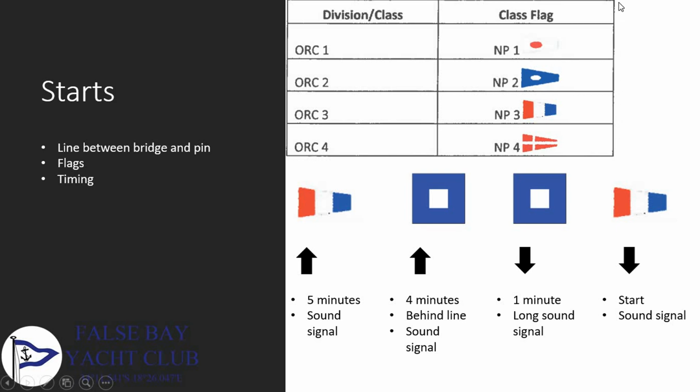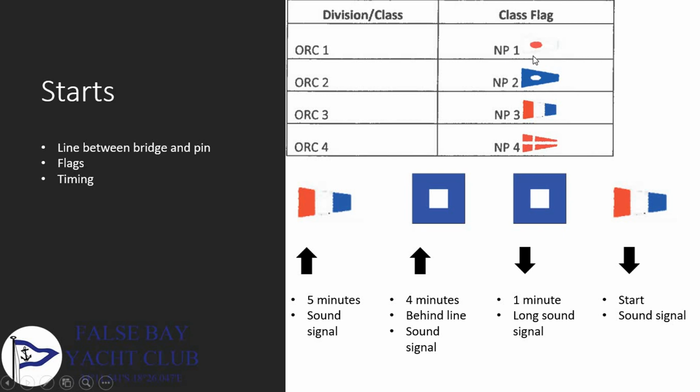The sailing instructions just set out how the race is going to be run, and this table shows the class flags. In this particular race that I got the instructions for this table from, there are 4 classes, class 1, 2, 3, 4, and they've each got a separate class flag.